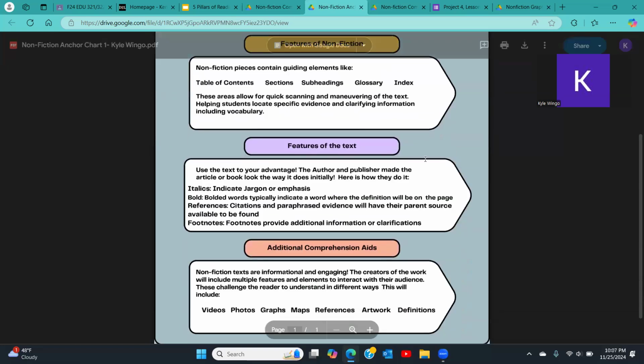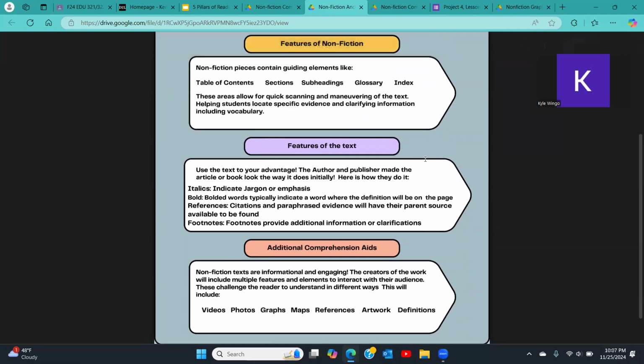So this is about how structurally nonfiction passages, we work through them differently, and they have different things to help us, like table of contents, sections and subheadings, and glossaries and indexes. I talked about features of the text, and this is something I think is really important, is that editors, authors, and publishers work really hard to make books look the way they do on purpose.